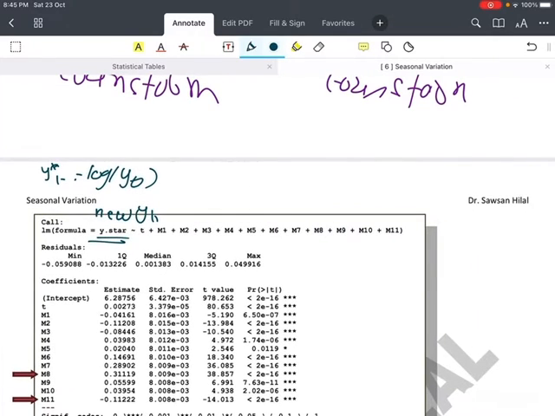And here you will put in mind that the reference is M12. The reference is M12, so it is not shown in the regression code.